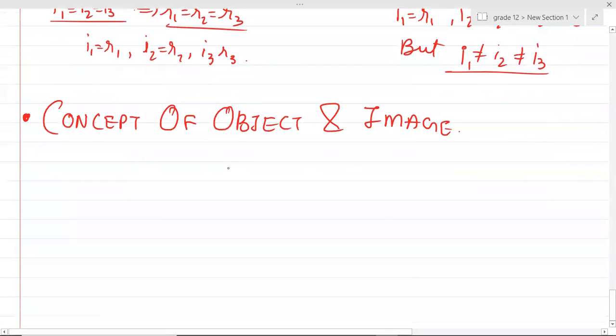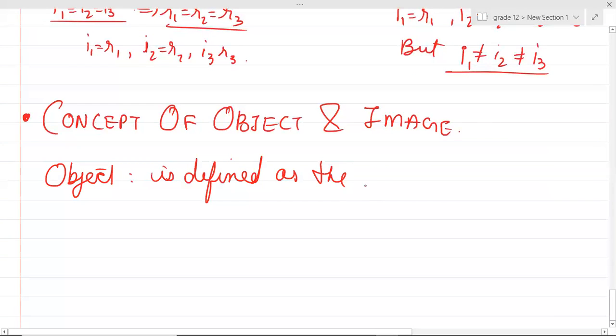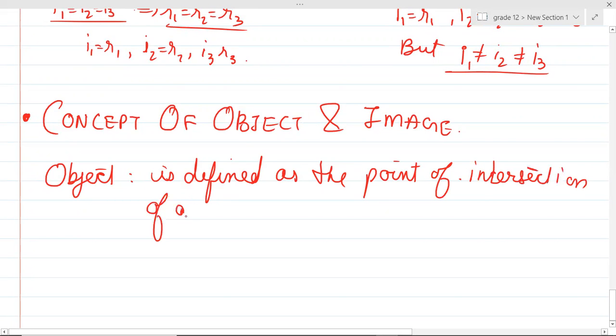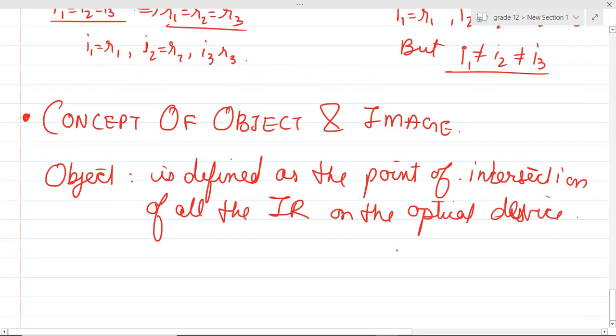Please remember, in geometrical optics or ray optics, object is defined as the point of intersection of all the incident rays on the optical device.